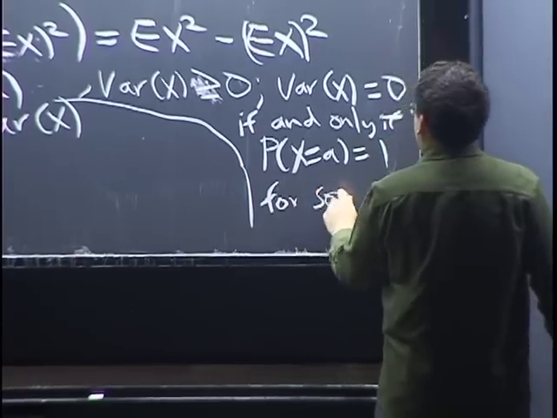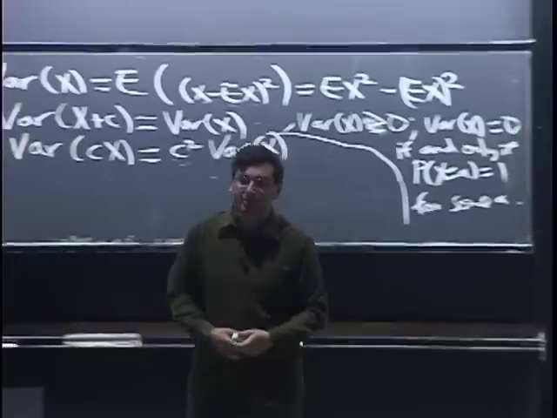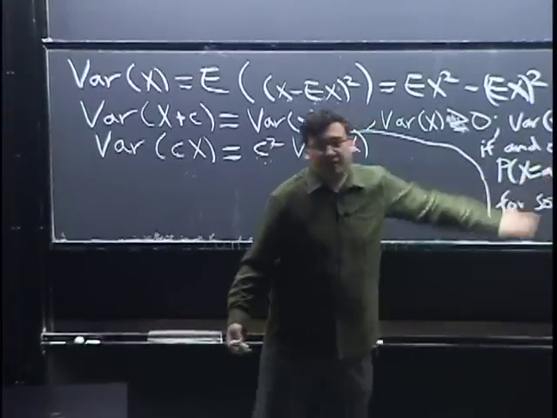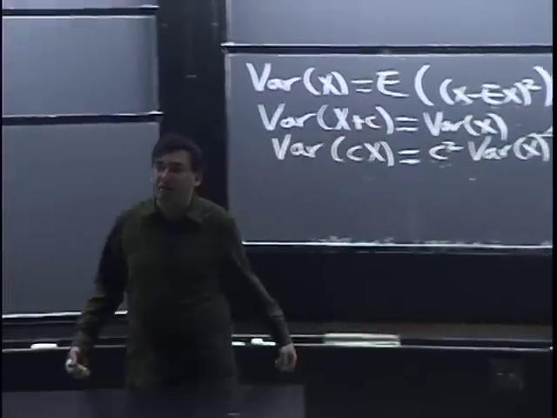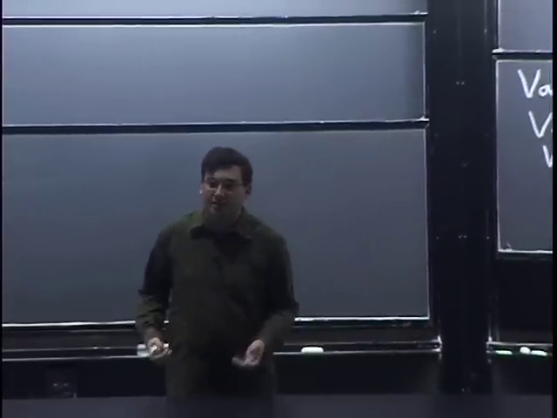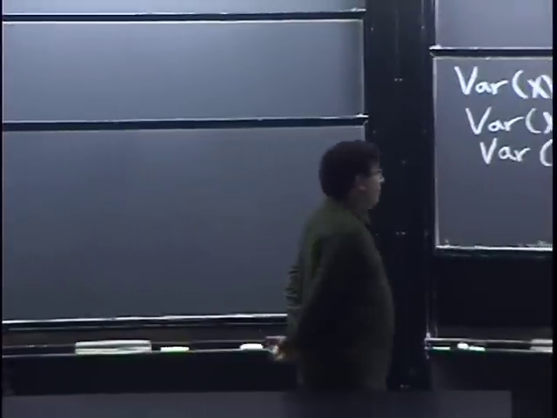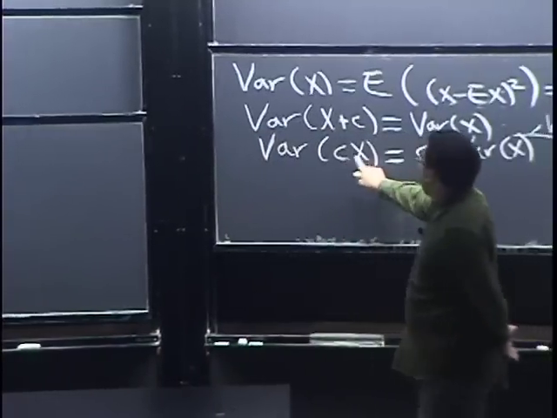With probability 0, something bad could happen, but with probability 1, it always equals this constant a. So that would have variance 0, because the stuff with probability 0 doesn't affect anything. So essentially, it's a constant. If it's not a constant, the variance will be strictly positive. Okay, so that's the variance of a constant times X.